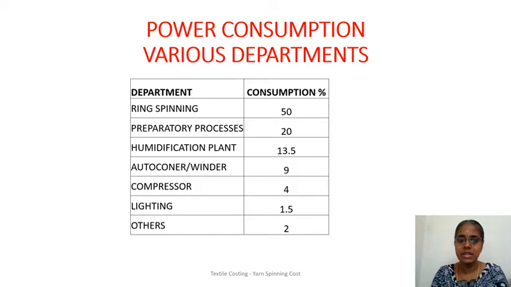The load in ring spinning is very high, and all the preparatory machines consume 20% of the total power. The third important one is the humidification plant, which accounts for 13.5 percent. The autoconer department consumes 9 percent, and next come the compressor, lighting, and the other costs.